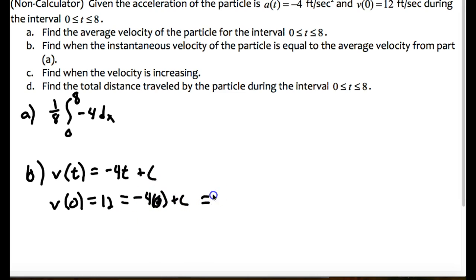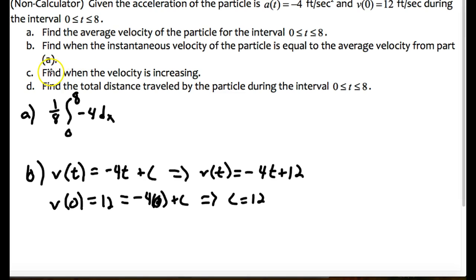So what this means is that c equals 12. So what that means up here is that my velocity function is -4t plus 12. Okay, so hopefully we can finish out part B from there.